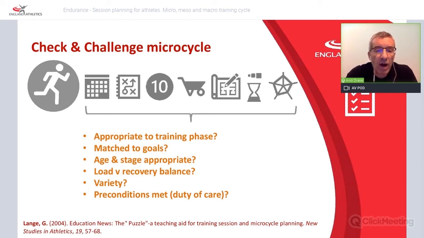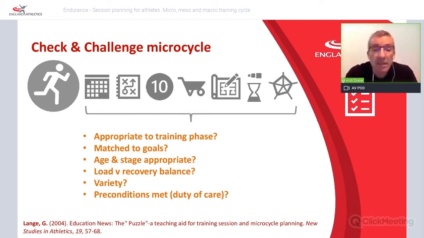And that's what we mean in terms of variety. For highly invested senior performers, that could be the key elements of the demands of their event that are met.